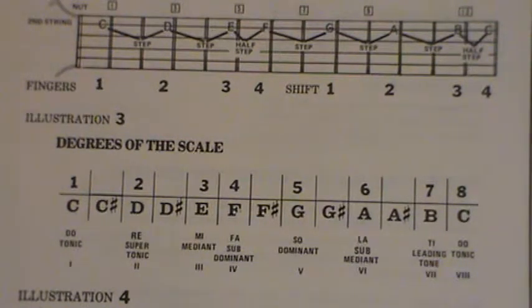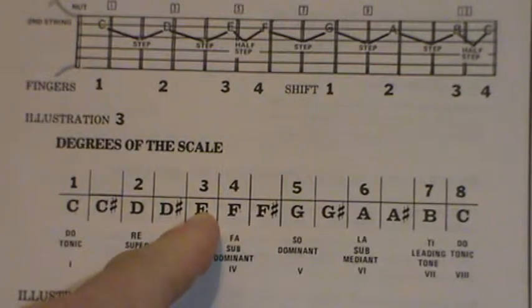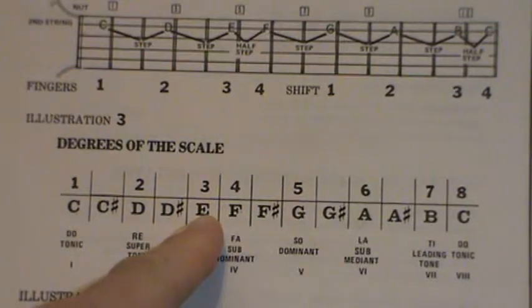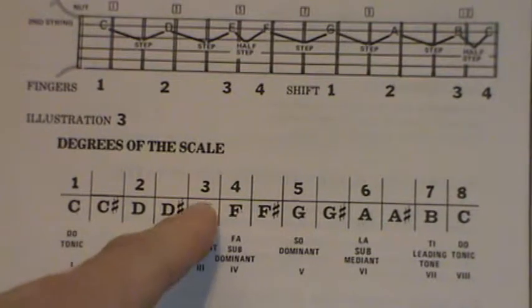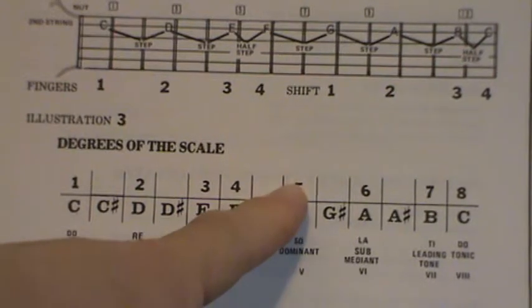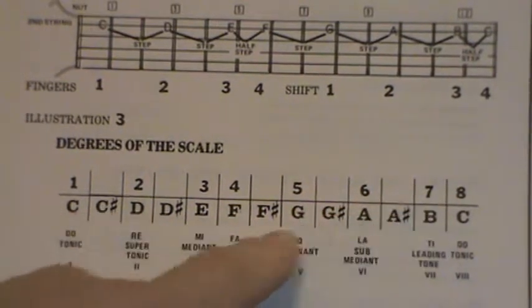Now, in selecting the chords in another key, let's say E, E would be the main chord, the key you're playing in, and E becomes 1. So 1, 2, 3, 4, and 5.